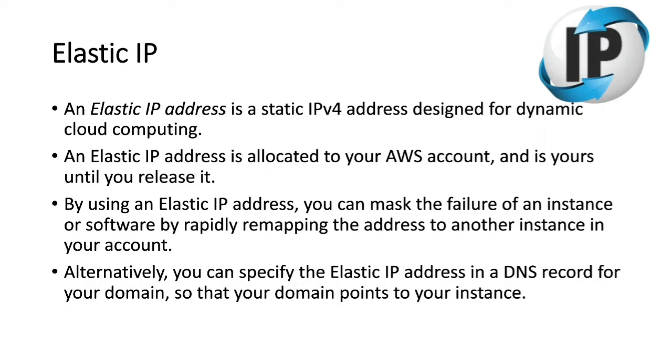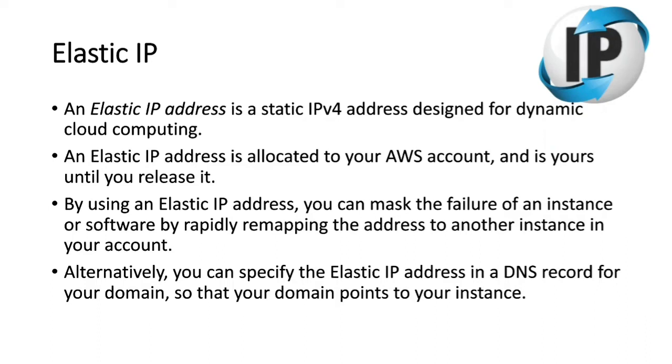Of course, when the instance fails, that means you have to restart, or you have to create a new instance at that point of time, or your software can rapidly remap the address to another instance in your account. Alternatively, you can specify the elastic IP address in a DNS record of your domain so that your domain points to your instance every single time.